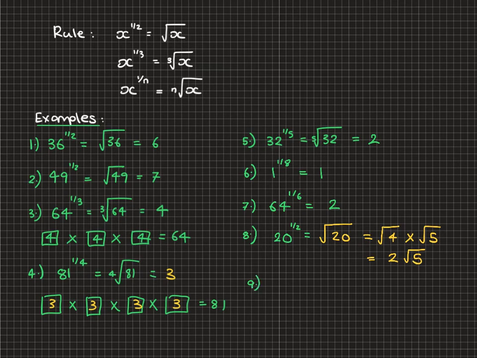And question 9, can we do something similar if we were asked to work out 48 to the power of 1/2? Well, again, we know it's root 48, so that is root 16 multiplied by root 3 in surd form, which is 4 root 3.